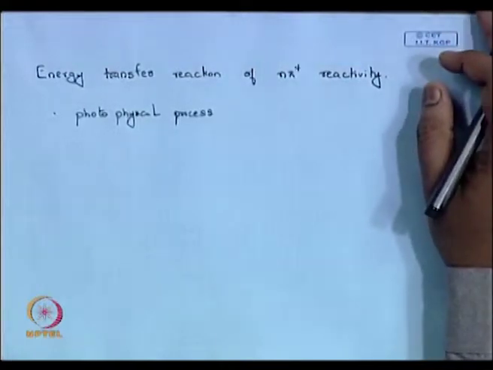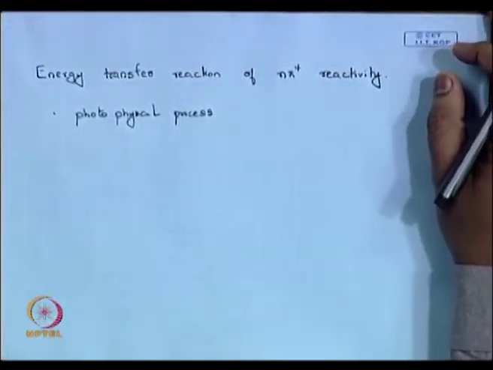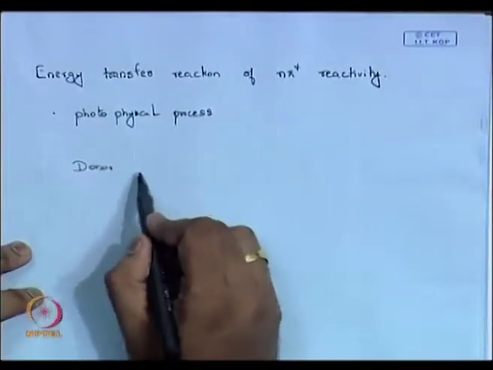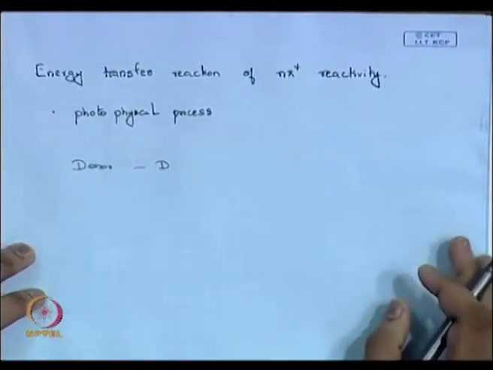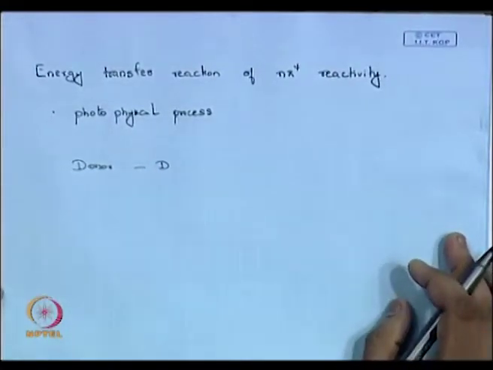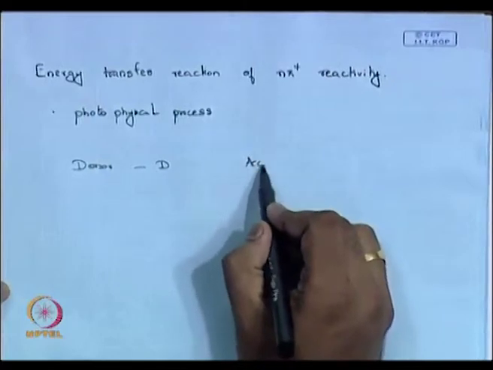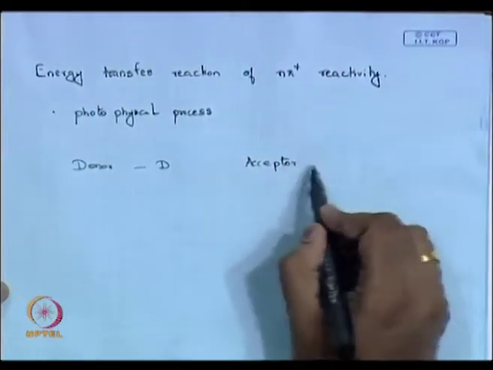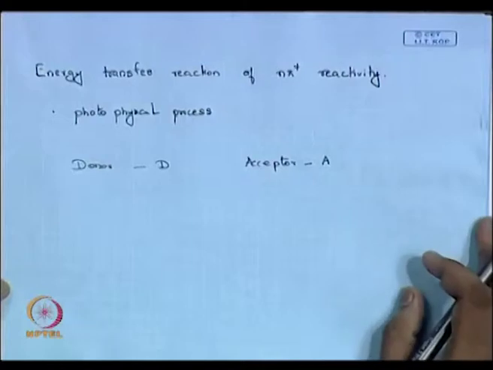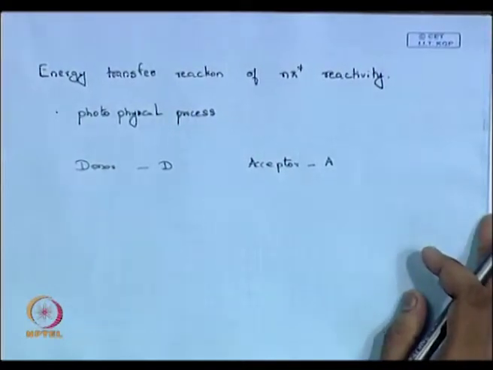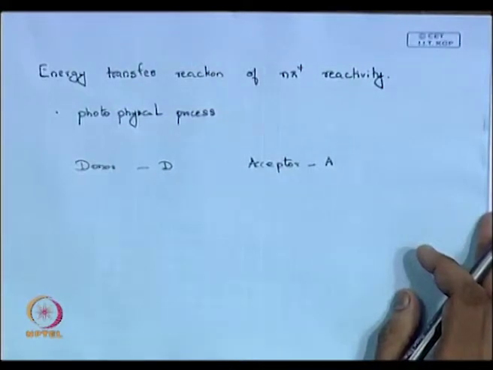So, what happens is that let us consider two molecules in a system, okay. One we call as a donor molecule, and then we will have another molecule which we will call as an acceptor. I am talking donor and acceptor with respect to energy. One can be a donor which can donate the energy, okay. Another will be an acceptor.